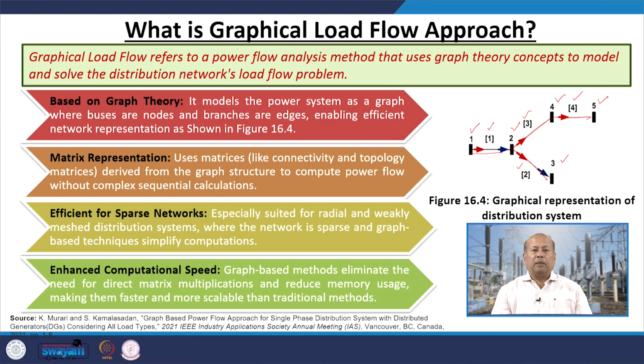Computational speed is enhanced because the graph-based method eliminates the need for direct matrix multiplication and reduces memory usage, making the whole process faster and more scalable than the traditional approaches.